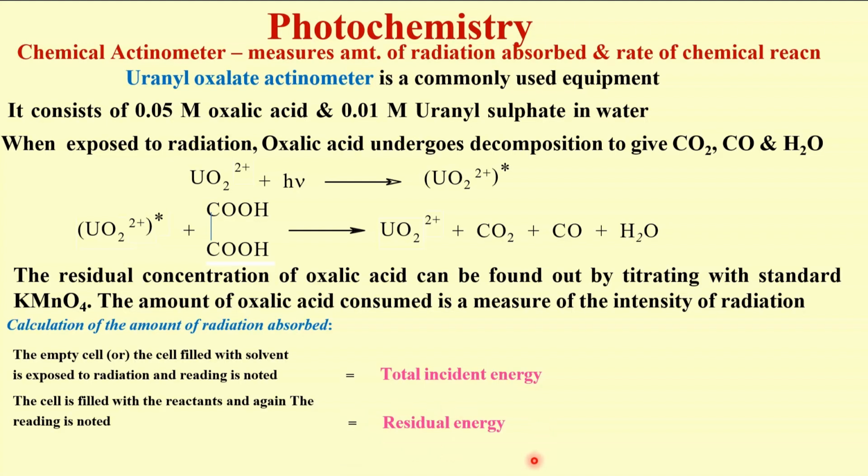The difference between the total incident energy and the residual energy gives the amount of energy consumed by the reacting mixture. This in turn gives the amount of radiation absorbed, and by this we can calculate the rate of chemical reaction. This is how the quantum yield can be measured.